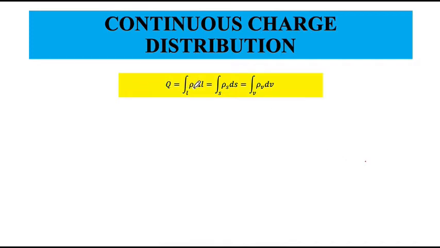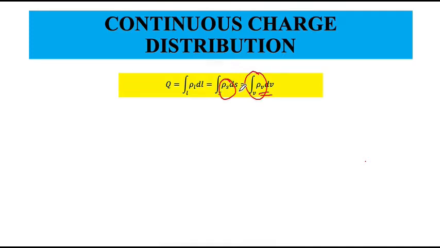If it's a line charge, then the total charge will be the integral of rho_L dl. So it would be an integral over the line, or over the surface if it's a surface charge density. It would be an integral over volume if it's a volume charge density. Okay, so this is volume charge density, line charge density, surface charge density.